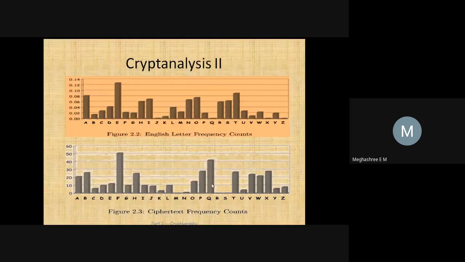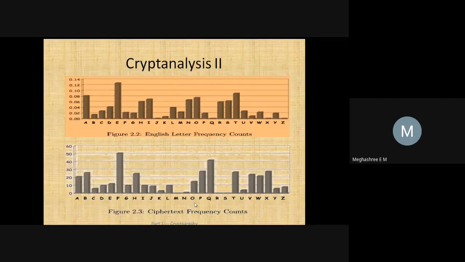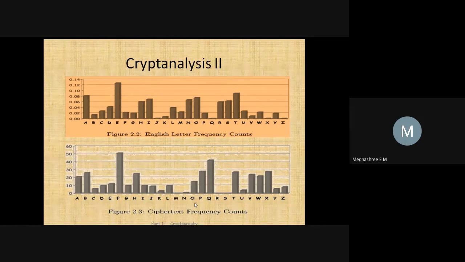Continuing in this manner, the attacker will try likely substitutions until he recognizes the words. It's a trial and error kind of thing, but he will do the trial and error based on this graph. At some point, he will form a proper statement in a readable form.